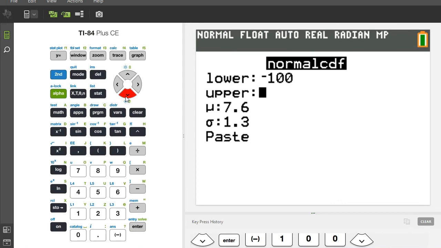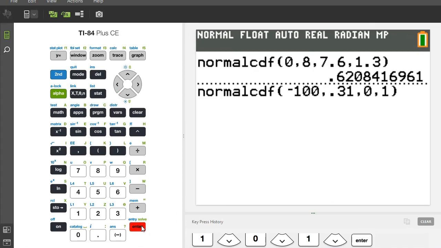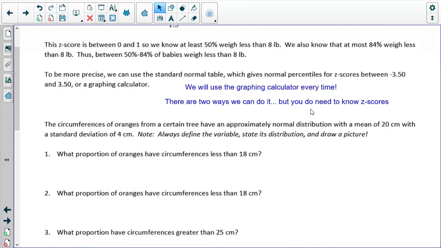The upper bound I want to be 0.31 because that's my z-score. Mean of 0, standard deviation of 1. Now, since I rounded that to 0.31, this is going to be slightly off from 0.6208, but it ends up being really, really close. And if I kept more decimal places, it would be a lot closer to 0.6208. So I can do this using z-scores, or I can do this just straight up typing things in the calculator.